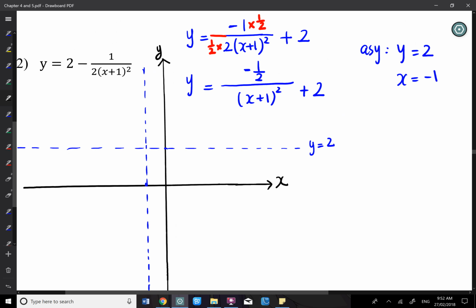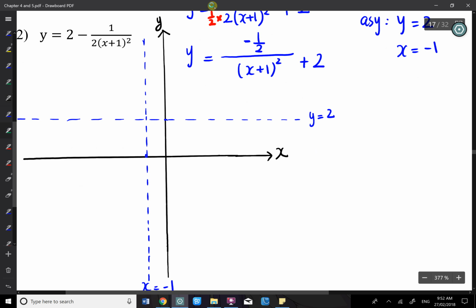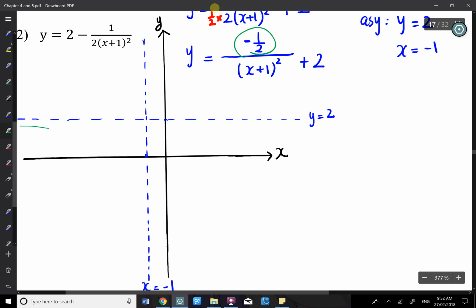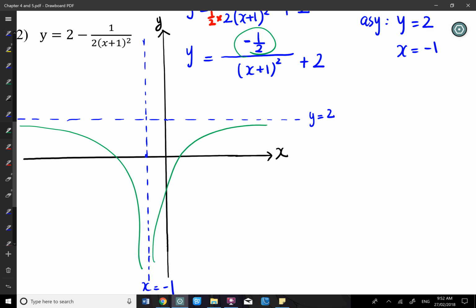And the top number is a negative number. It's a negative number. So therefore I'll have the bottom graph. Okay, not the top graph, I will have the bottom graph. So it's not outside, like this. I can still find 2 x-intercepts and 1 y-intercept. I will still work out that first.